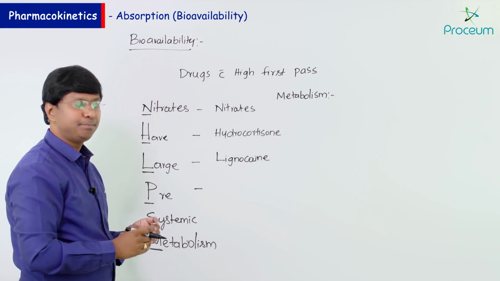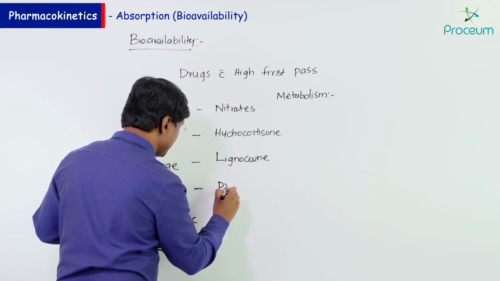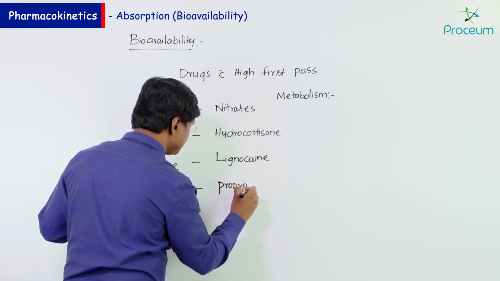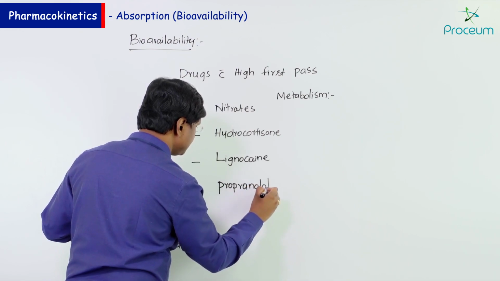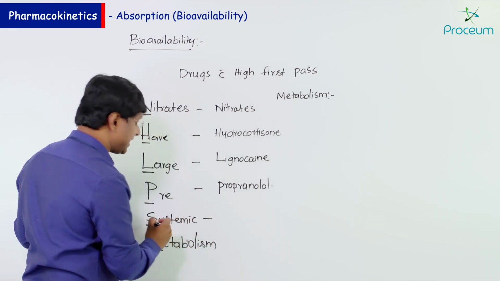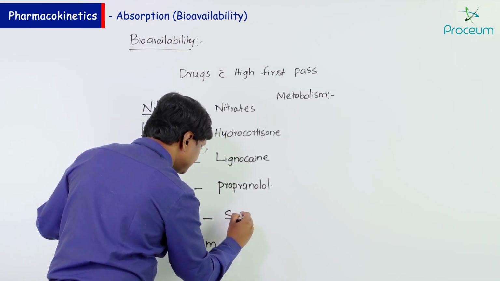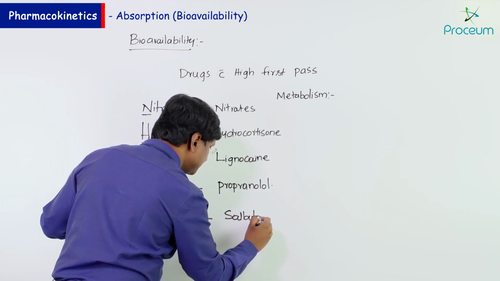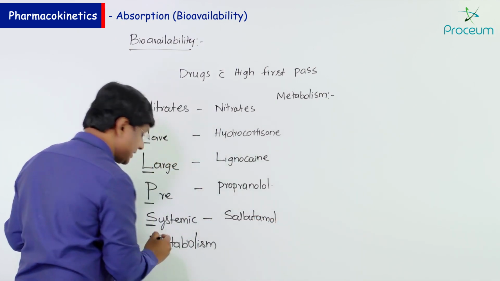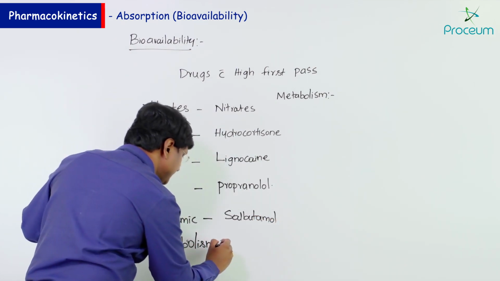The word P stands for propranolol. The word S stands for salbutamol. And the word M stands for morphine.